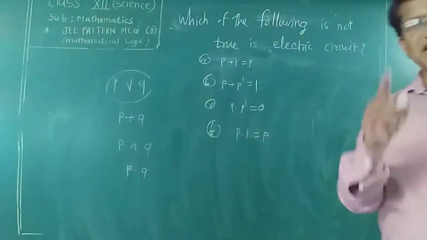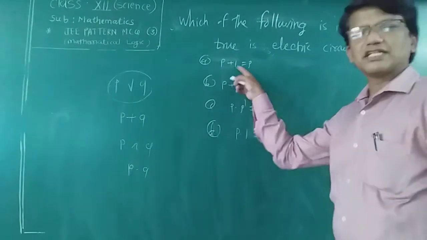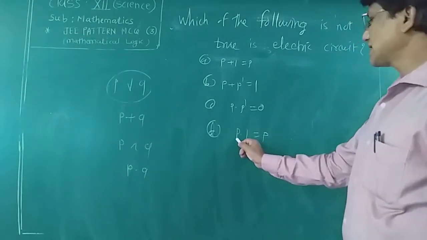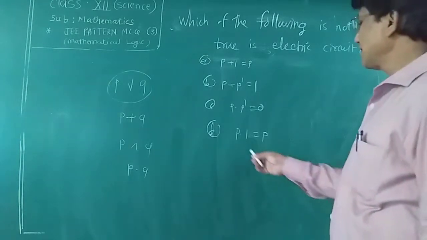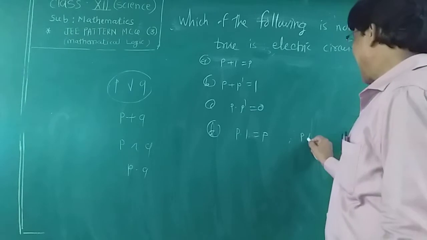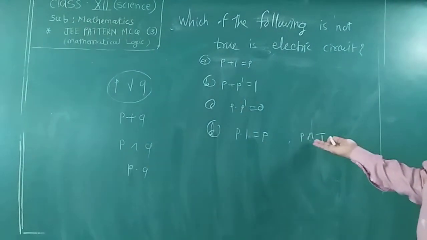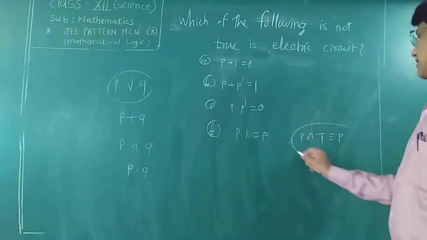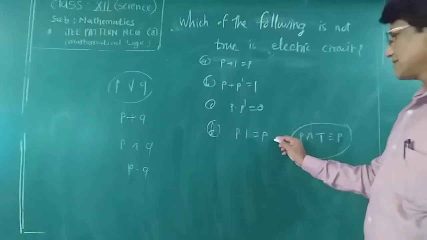If a statement is true, the truth value is T or 1; if false, it is 0. Start with P dot 1. Dot means AND with T, and T means 1. P and T is equivalent to P. This is the identity law, so this is true.